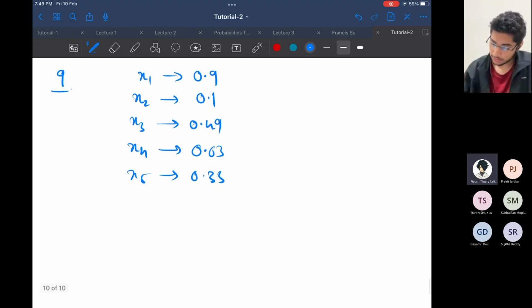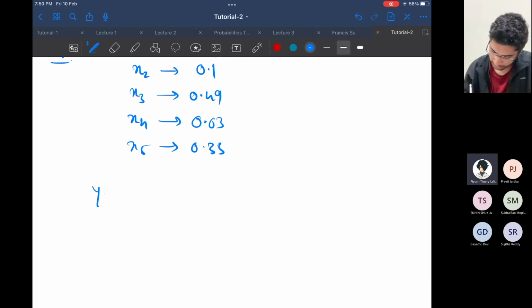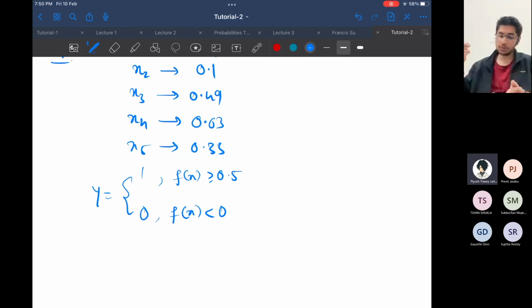Just remember what the sigmoid does. Let me write y, the output of the neuron. The output is 1 if f of x is greater than or equal to 0.5.